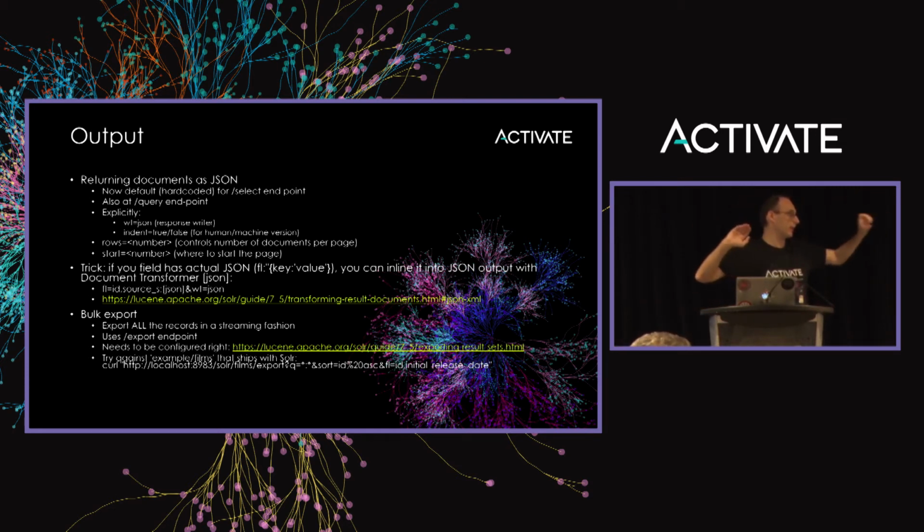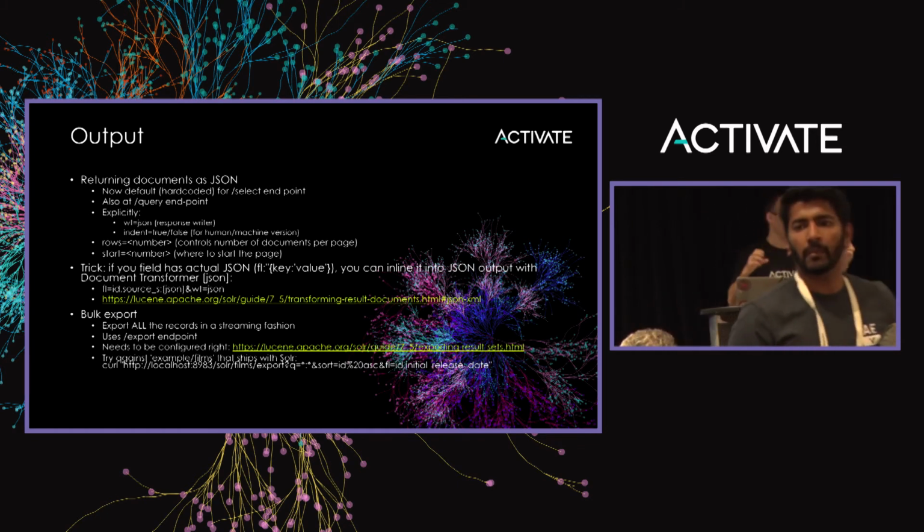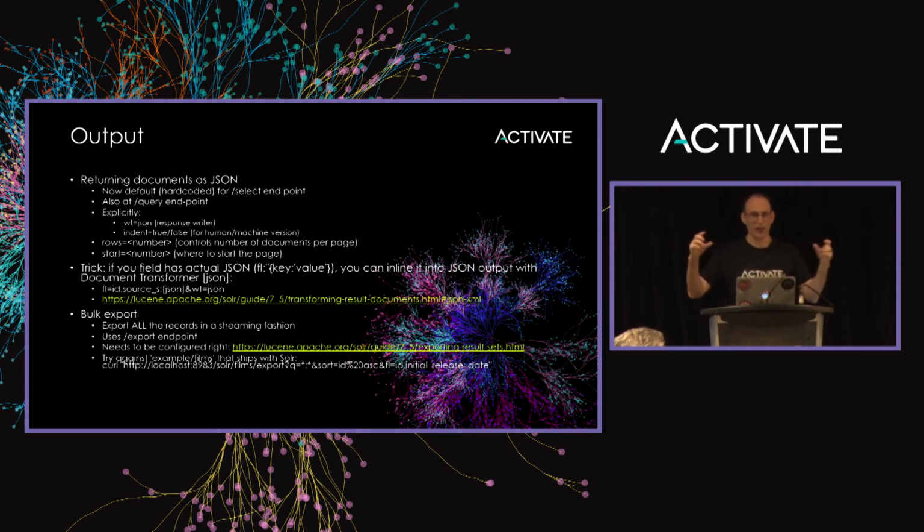You could say that this particular field, don't return it as a string, but return it as actual inline JSON. That's sometimes useful for those who want to store additional parameters that they're not searching in any meaningful way, but they want to return. I'm not recommending it. Repeat after me, Solr is not a database, but if that's where you ended up, this might be useful.